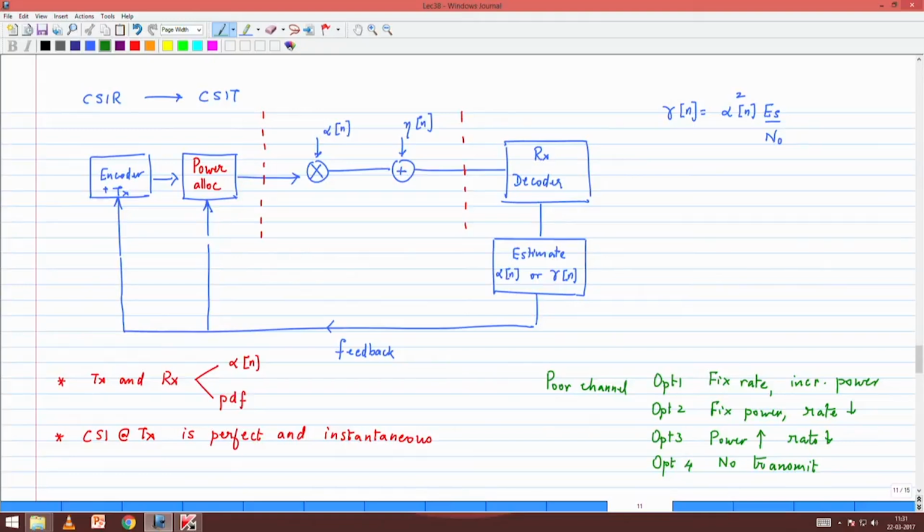Now, the key thing to note is that since the transmitter knows what the channel conditions are and it knows what its options are in terms of coding and decoding, it can choose not to transmit at certain points of time, and therefore save power and achieve better performance. Basically, we transmit only when channel conditions are good.